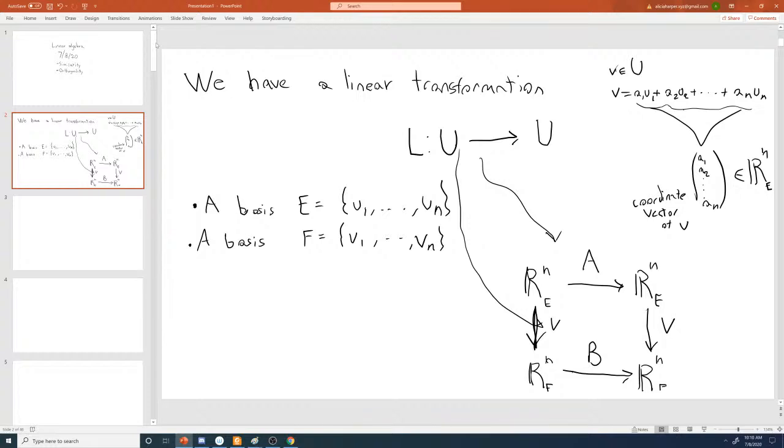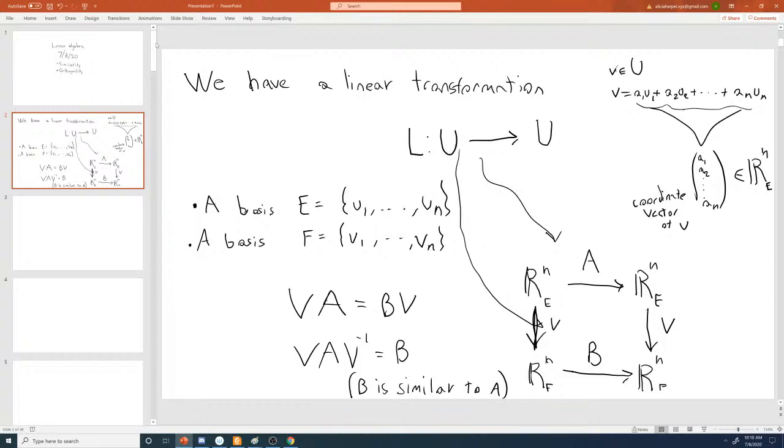So this tells us that A times V is the same thing as V times B, which upon multiplying by the inverse of V tells us that V A V inverse is equal to B. And so B is similar to A.